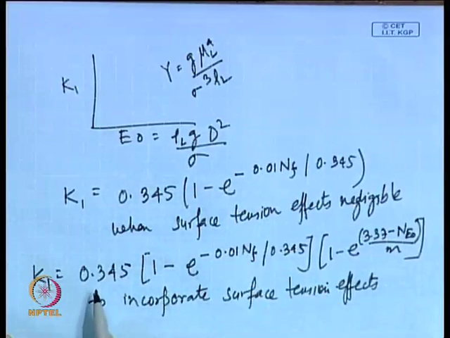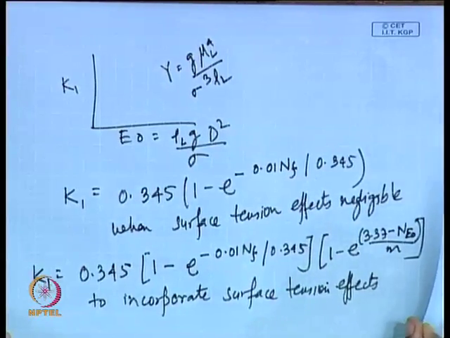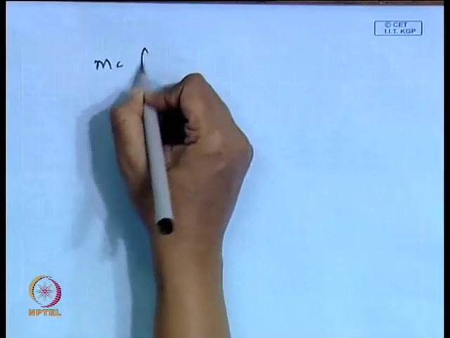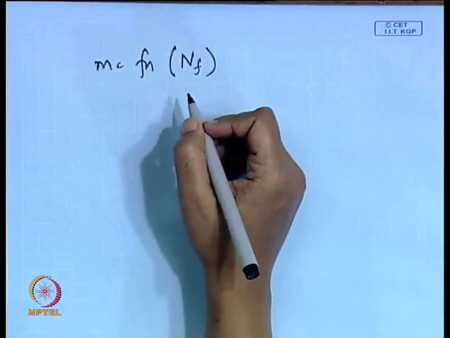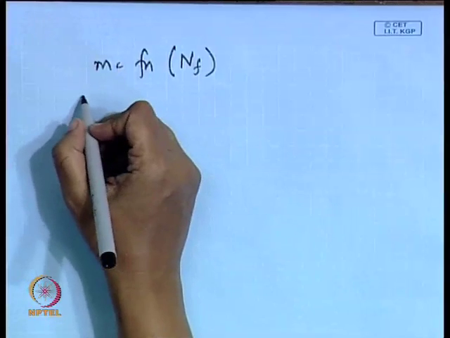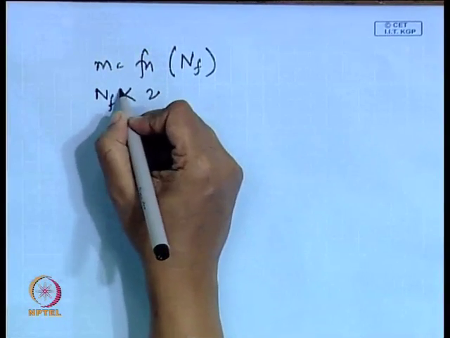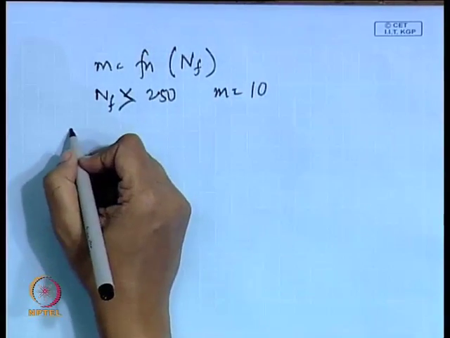When inertia, viscous and surface tension all are important, then this particular expression should be used, where m can take up different values. These particular values are more or less available in textbooks. We find that m is a function of your inverse viscosity number, and usually when NF is greater than 250, m equals 10. You will find these in textbooks.